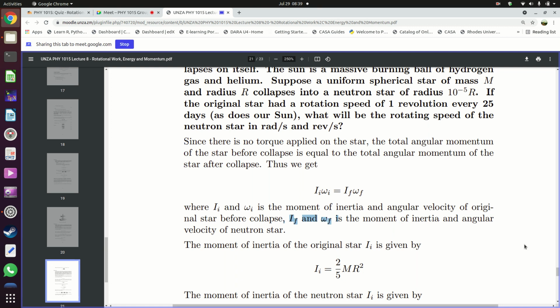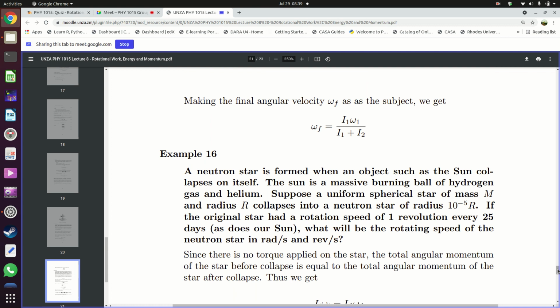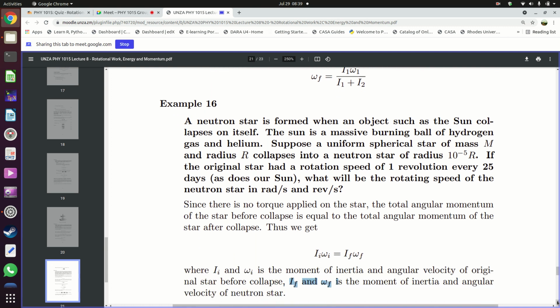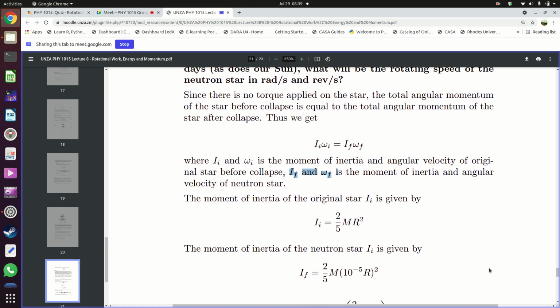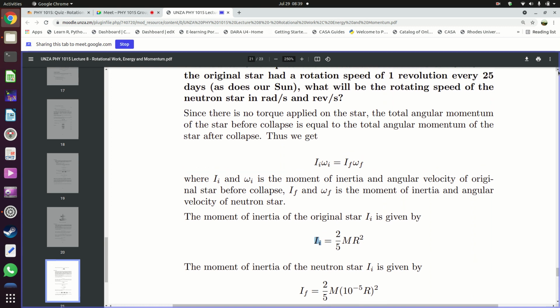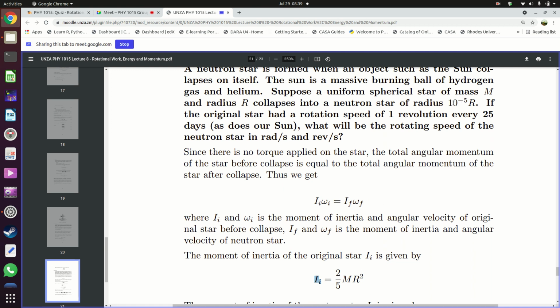Now we know that if something is like a star, which is spherical, we can always work out what the moment of inertia is. For anything which is spherical, the moment of inertia I is going to be equal to 2/5 m r squared. Then for a neutron star, we are told it has a radius equal to 10 to the power minus 5 r.